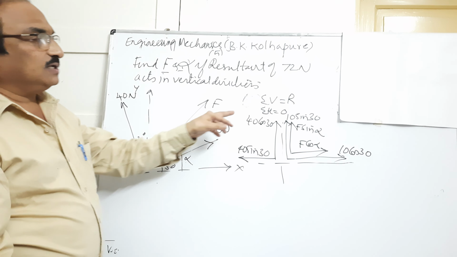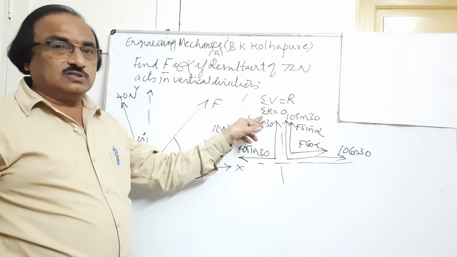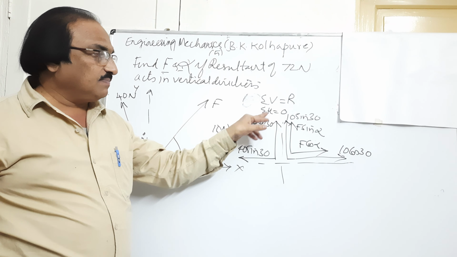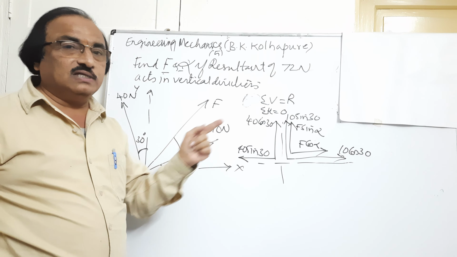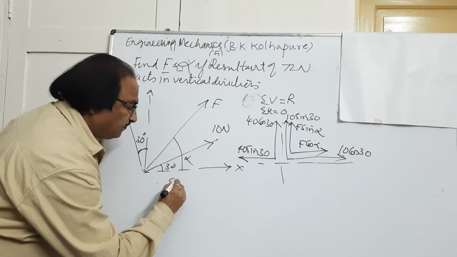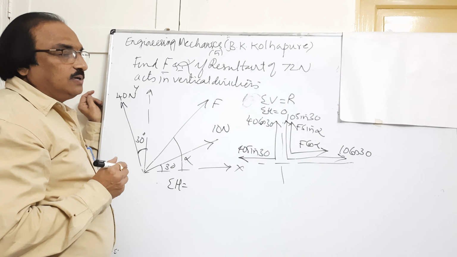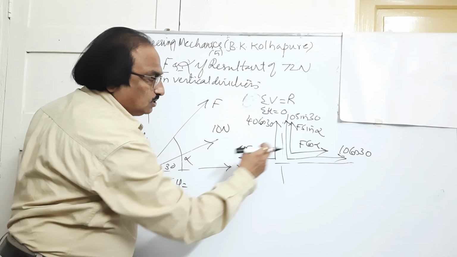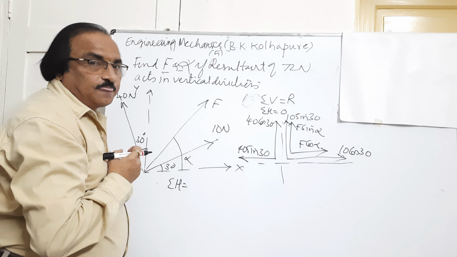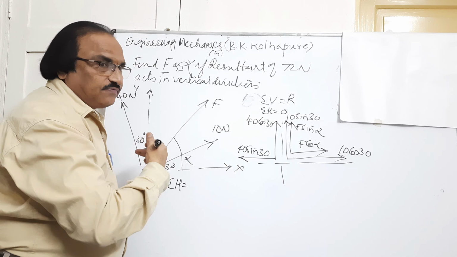Now we are using this principle. We will find out sigma H, we will find out sigma V. Sigma H is 0. That is the condition given in the problem. So if I resolve all the forces horizontally, three forces are horizontal. Right are positive, left are negative.